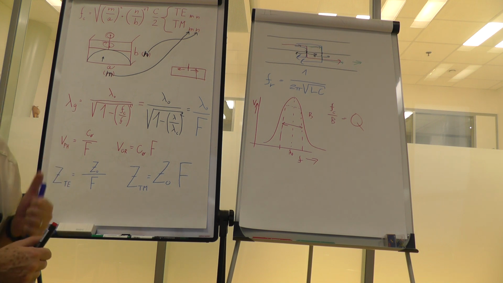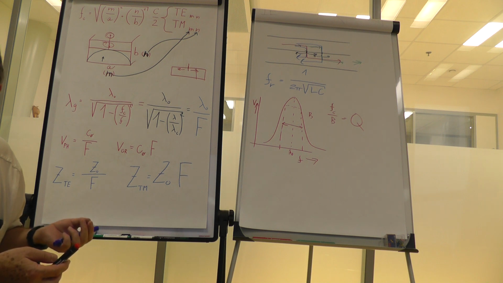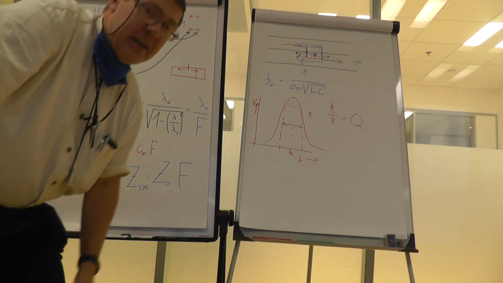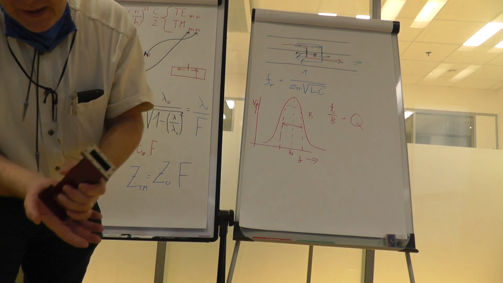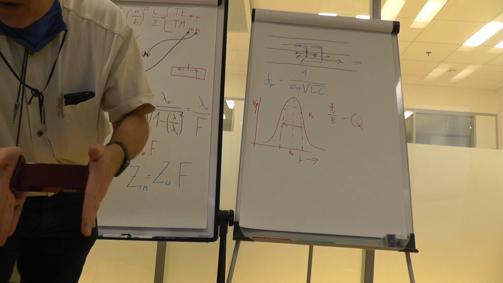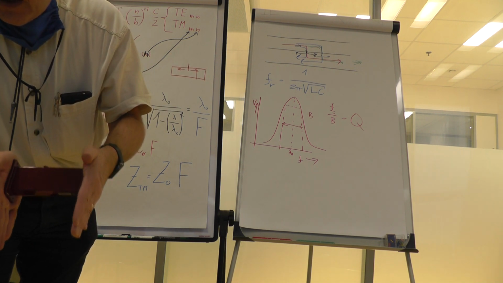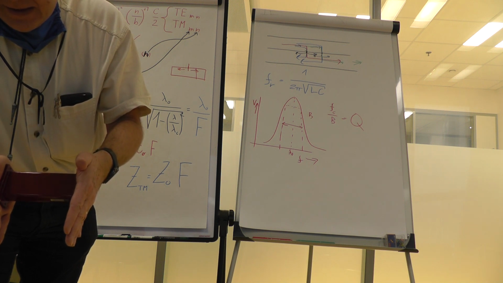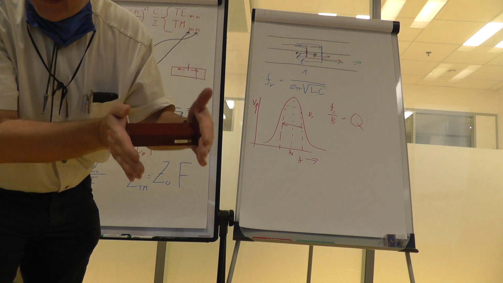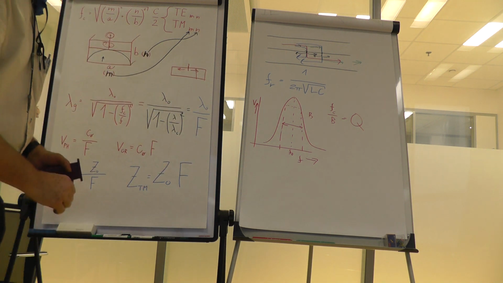But what still works is a cavity that has a resonant frequency. If you polish a piece of waveguide and close it by two metallic enclosures, you would get a volume that could again resonate. You would get a resonator.